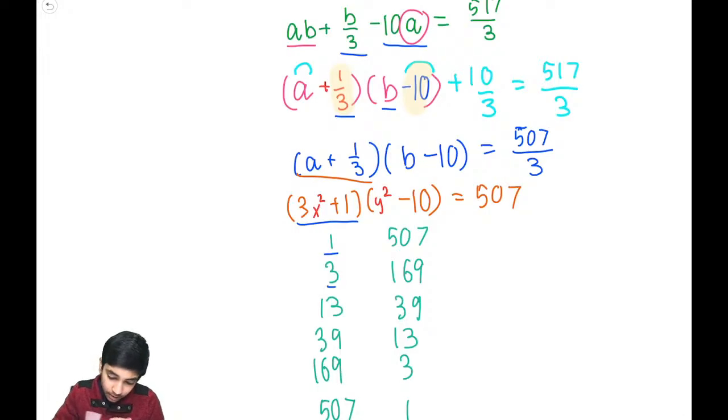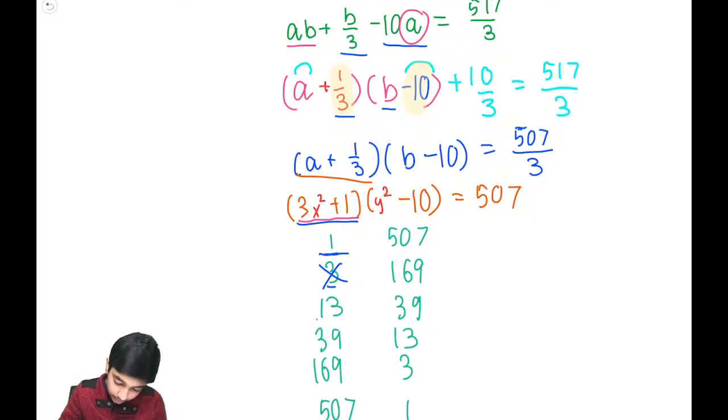So firstly, we can see that the only possibilities for 3x squared plus 1 are those numbers that leave a remainder of 1 when divided by 3. So 1 leaves a remainder of 1 when divided by 3, right? 3 does not leave a remainder of 1 when divided by 3, because only numbers of the form 3x squared plus 1 work. So they have to leave a remainder of 1 when divided by 3.